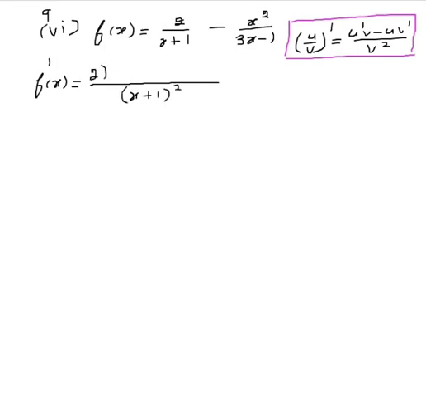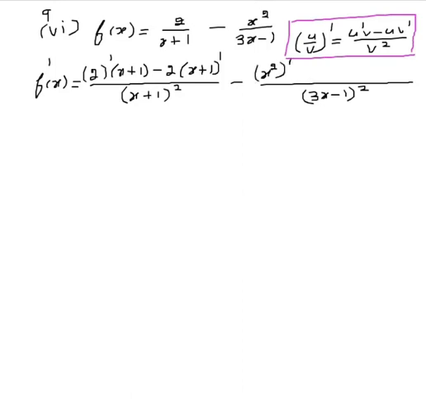u dash, differential of 2, into x plus 1, minus 2 times derivative of x plus 1, minus quotient rule for the second term: u dashed is x square dash times 3x minus 1, minus x square times derivative of 3x minus 1.